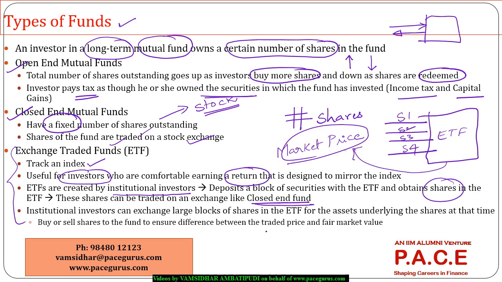So to ensure the difference between the traded price and the fair market value is small, the institutional investor keeps buying or selling the shares, and because of that you will find that this characteristic is more or less similar to that of open-ended, because the total number of underlying shares can either be increased or decreased in case of ETF.